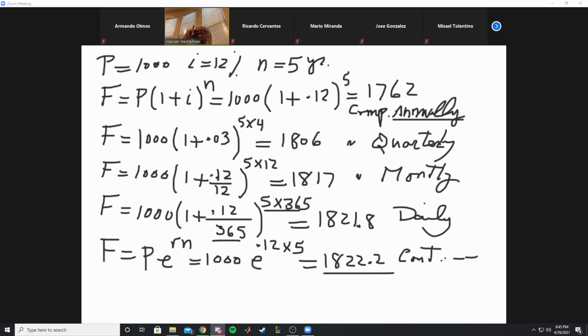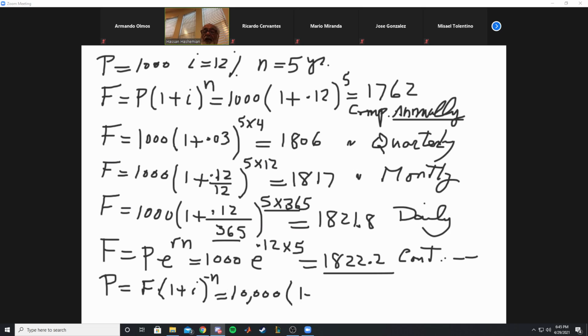Now you can do the same thing with the present. Let's say somebody said, I want to know how much I have to deposit in my account in order to get 10,000. So we're looking at F times (1 plus i) to the power of minus n. That means you want to have $10,000 in the future.